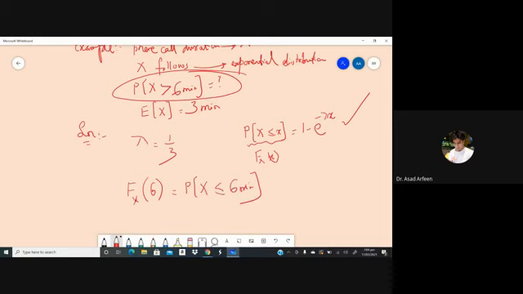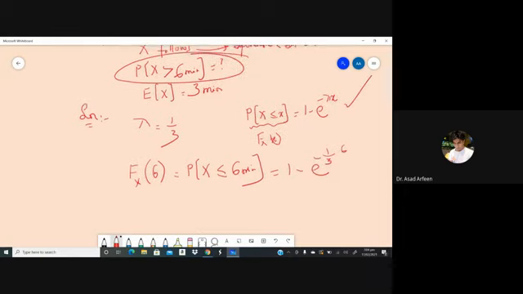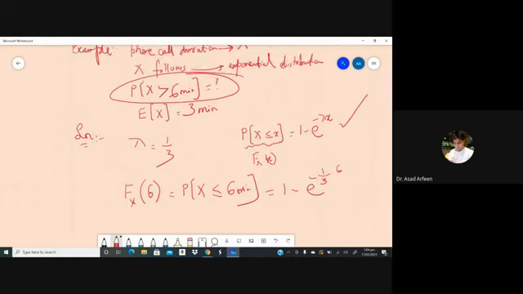So I can do 1 minus e to the power minus 1 by 3 times 6. But we do not need this, because this actually means the call duration is less than 6 minutes, and what we want is more than 6 minutes.